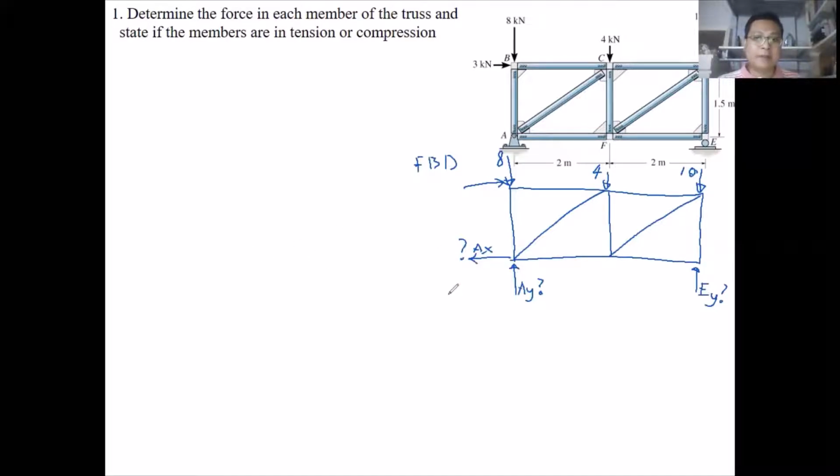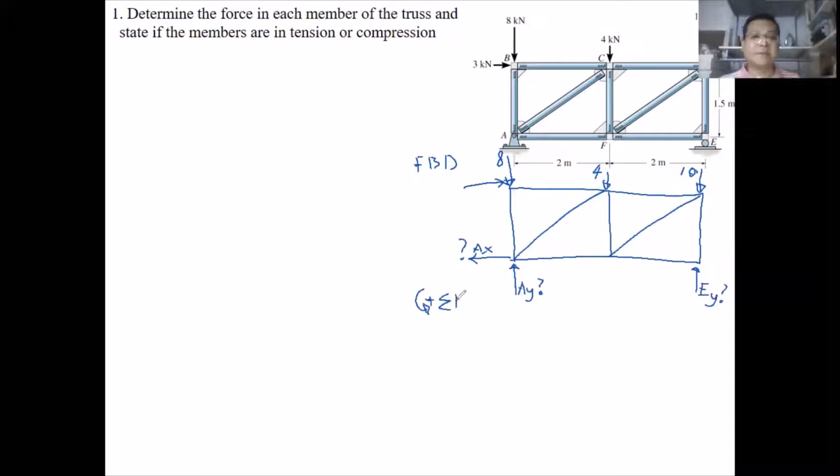So by using the moment formula, or we can sum the forces in the X direction and also the Y direction, we can find all the forces acting on the support. So we go first with the moment.